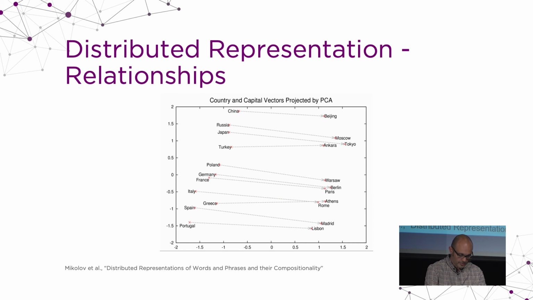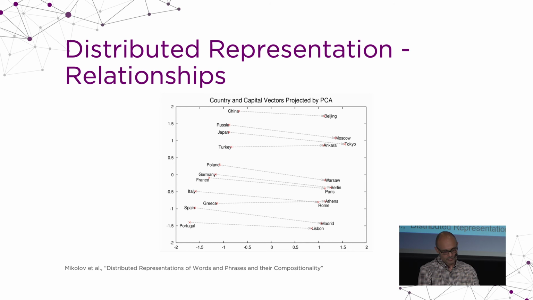The second characteristic that we would like to see in this particular representation is that they somehow capture relationships between words. So here you see this relationship between country and capital. And you see all the countries here on the left, and you see the capitals here on the right.